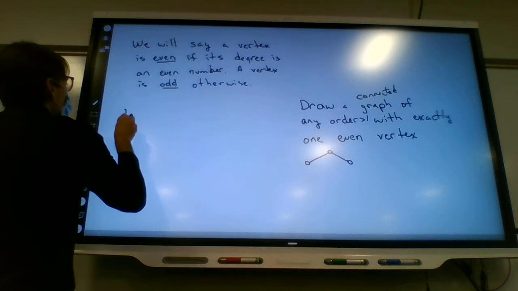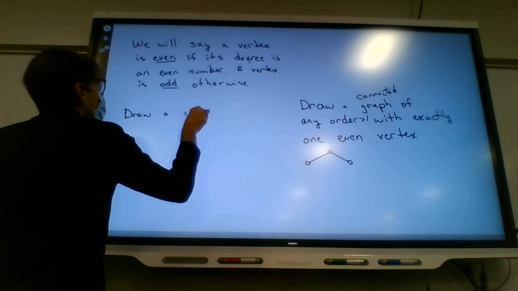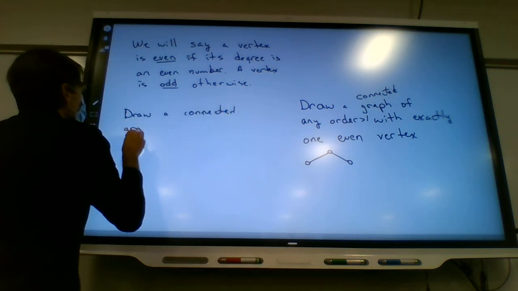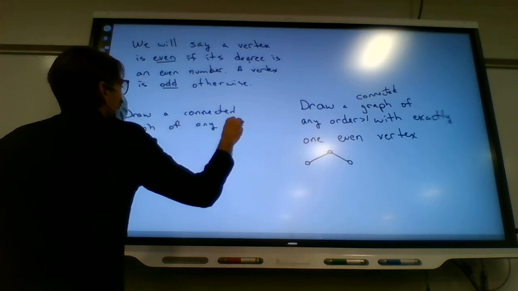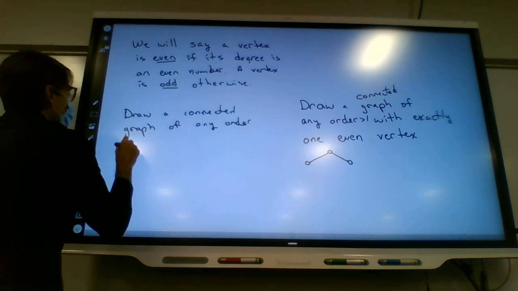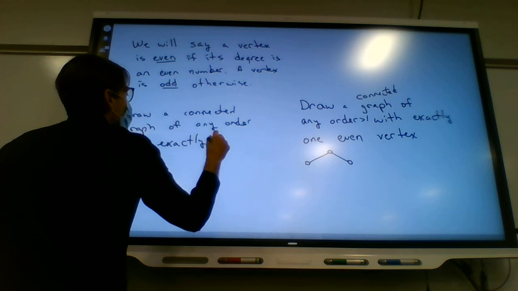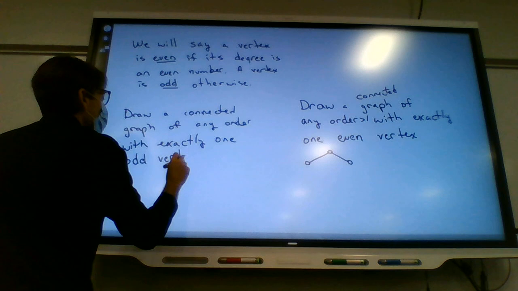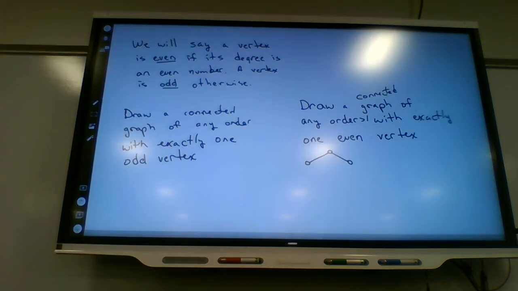All right. So let's draw a connected graph of any order with exactly one odd vertex.